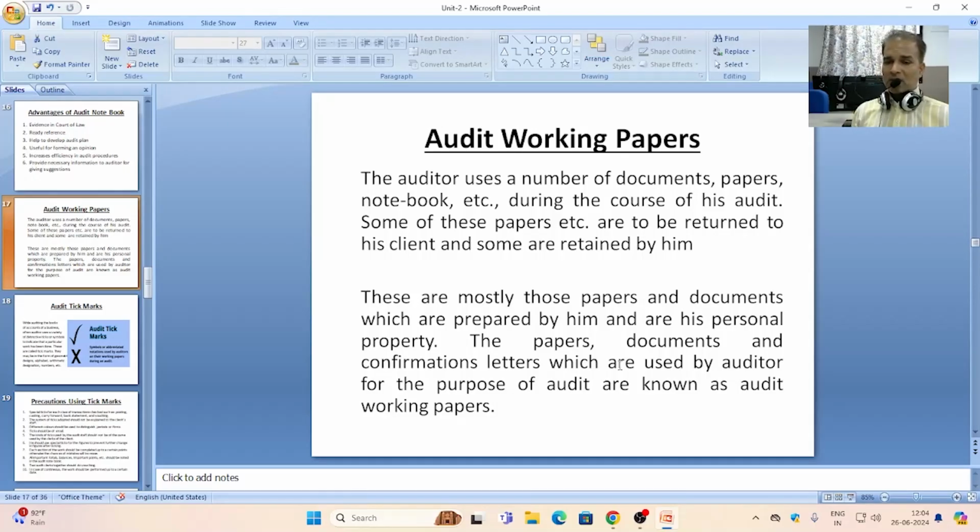The papers or documents obtained or prepared by the auditor during the audit assignment, or some nature of confirmation letters which are used by an auditor for the purpose of audit, are included in the term audit working papers, and they belong to the auditor.